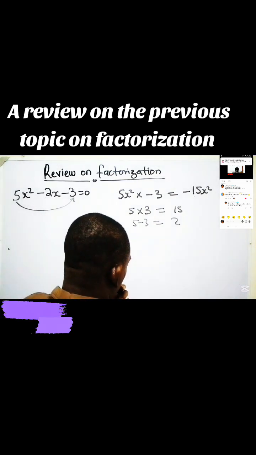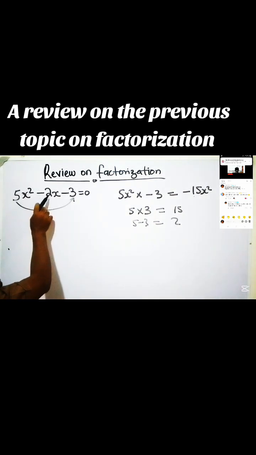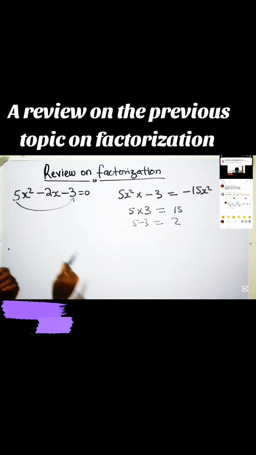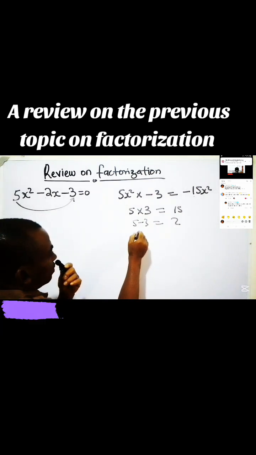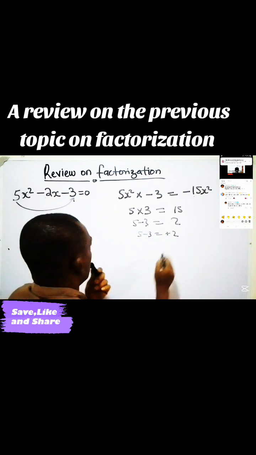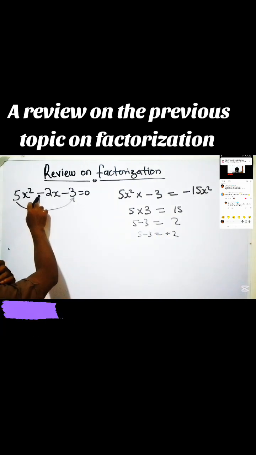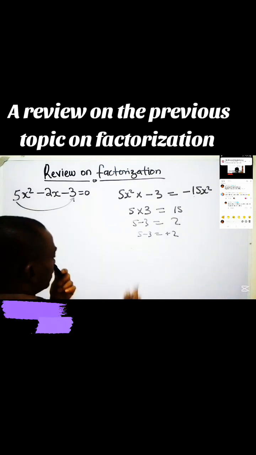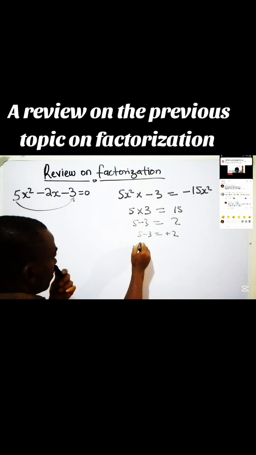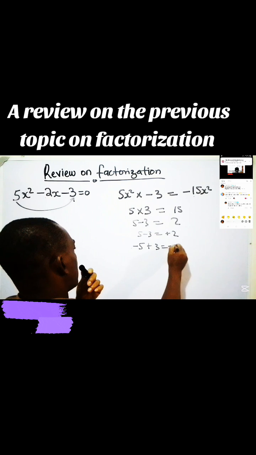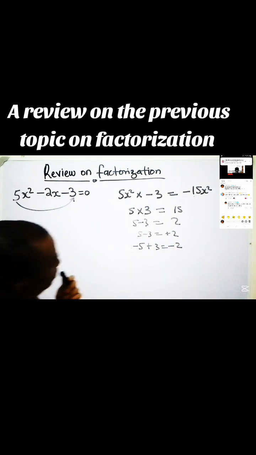Then, you know that the coefficient of x here is minus 2. So since 5 minus 3 will give you plus 2, we are going to use the negative. Now, minus 5 plus 3 is equals to minus 2.